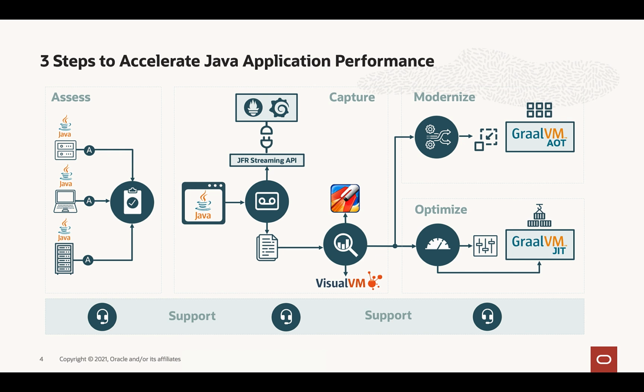You get access to critical bug fixes before they're included in publicly available releases. You get access to all the Java SE commercial features. And of course, you get around-the-clock support for fast fixes for your mission-critical applications.